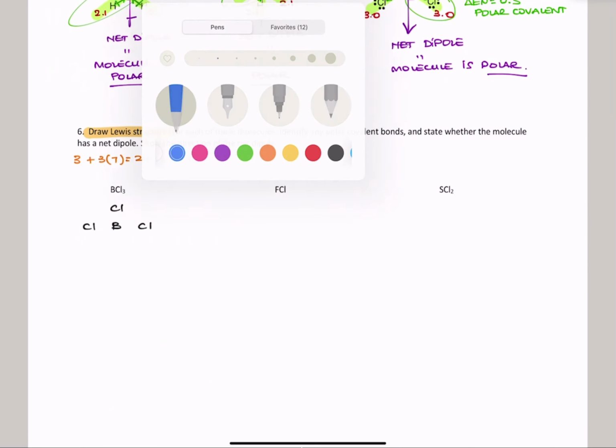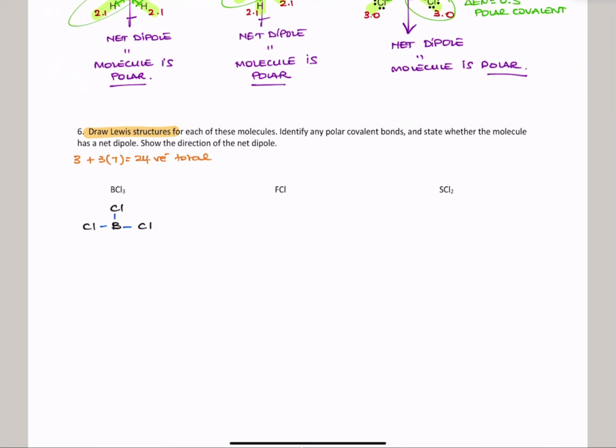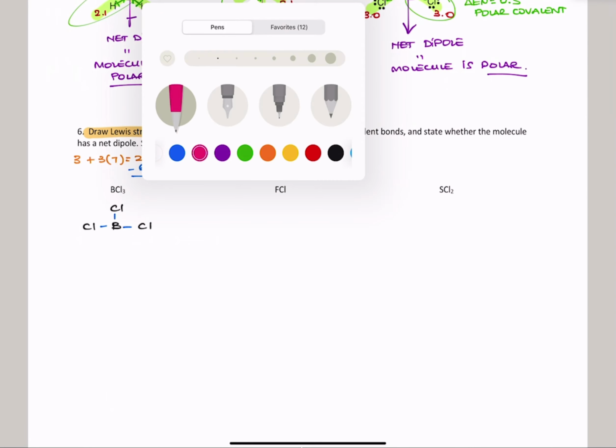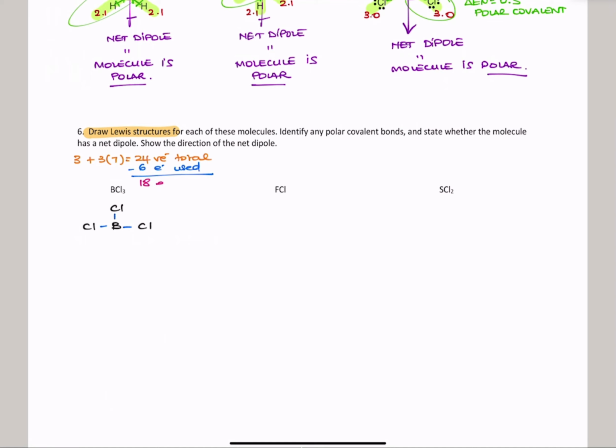We're going to connect the Cl to the B, and we use 6 electrons. We're left with 18 electrons that we're going to use to give an octet to each outer atom. There is now 18 electrons used and none left.